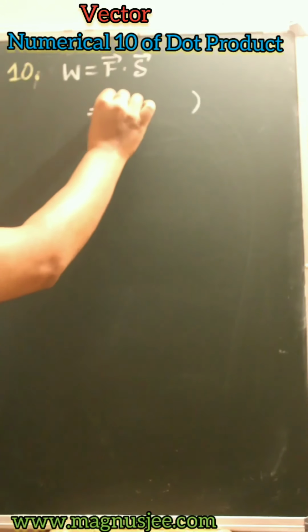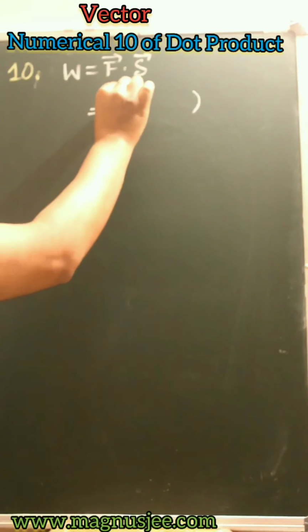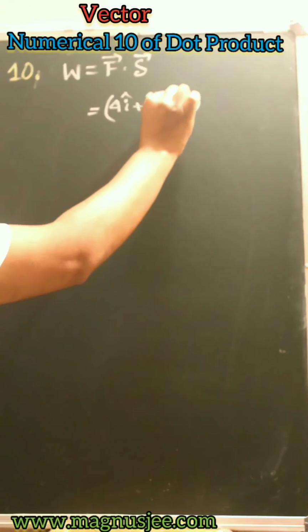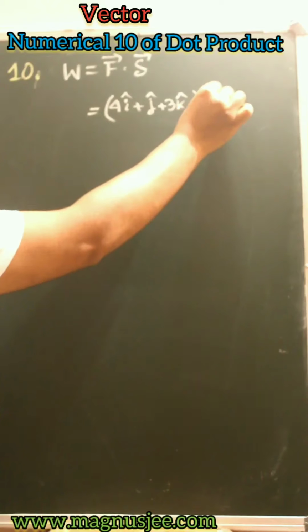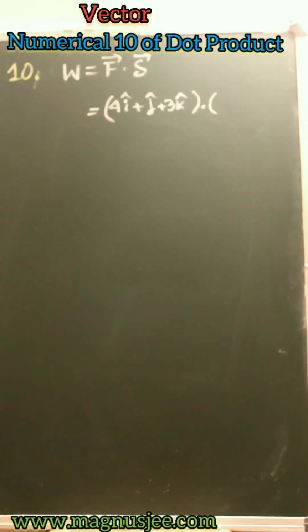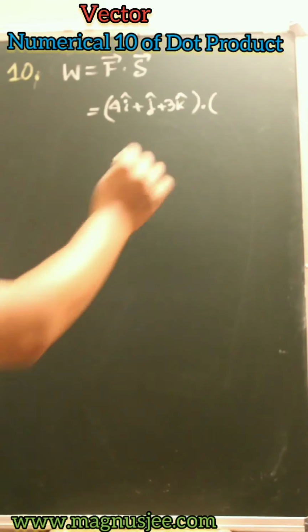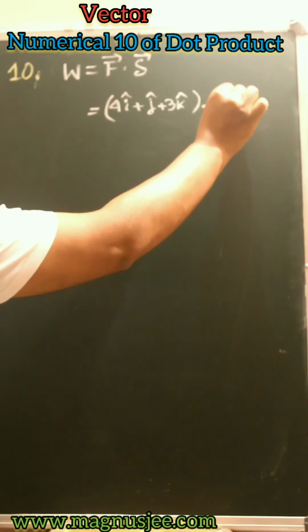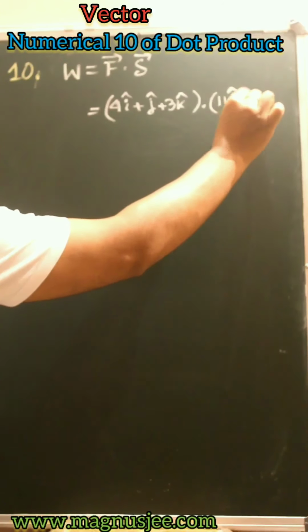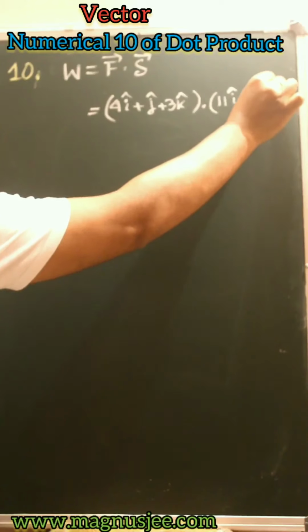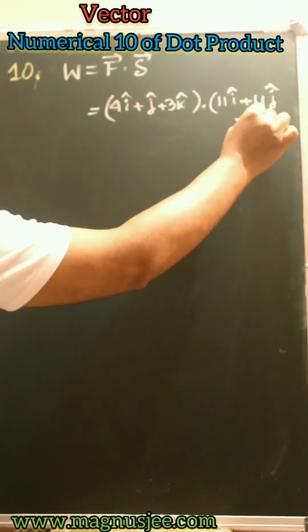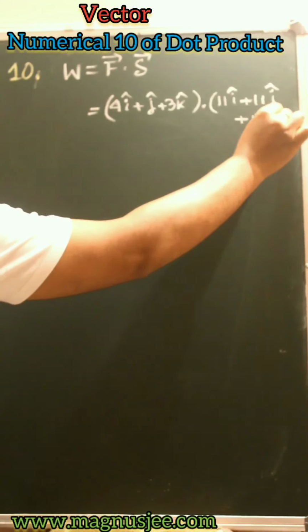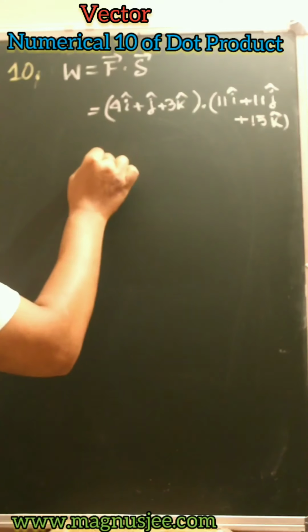Putting the expression of force vector F and displacement vector S. The expression of force vector is 4i cap plus j cap plus 3k cap dot. Now we can put the expression of displacement vector S, 11i cap plus 11j cap plus 15k cap.